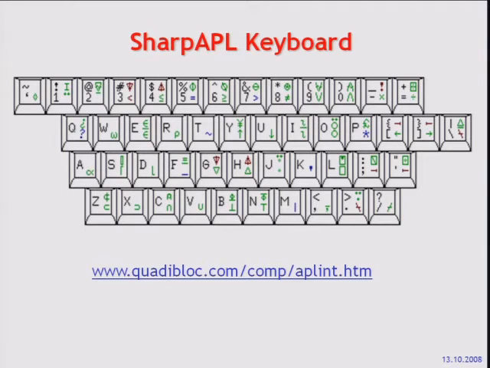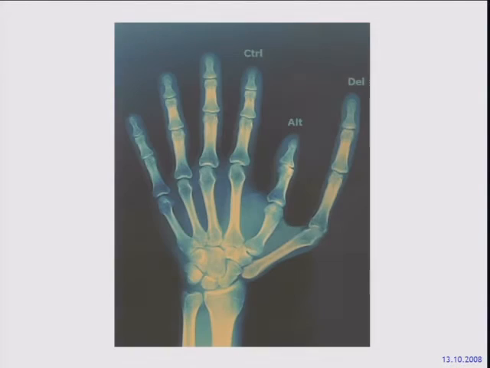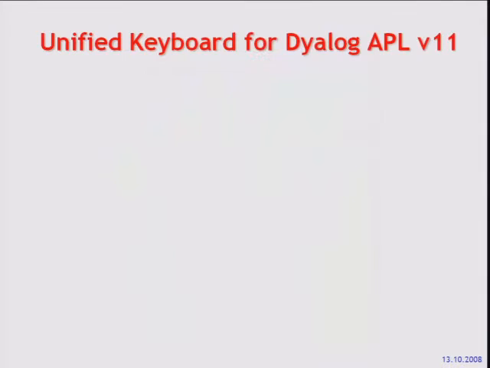And from this address you can find more APL keyboards and other keyboards too. If you use Windows enough, this is something that will sooner or later come up. We changed from mainframes to Windows, which means that I changed from APL2 to Dyalog APL. Of course, there was APL Plus somewhere in between, but let's not talk about it.